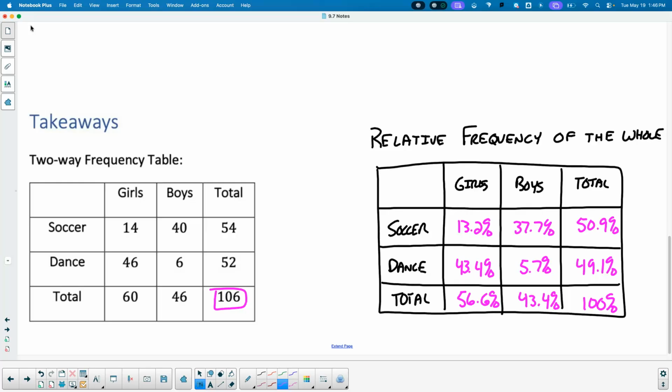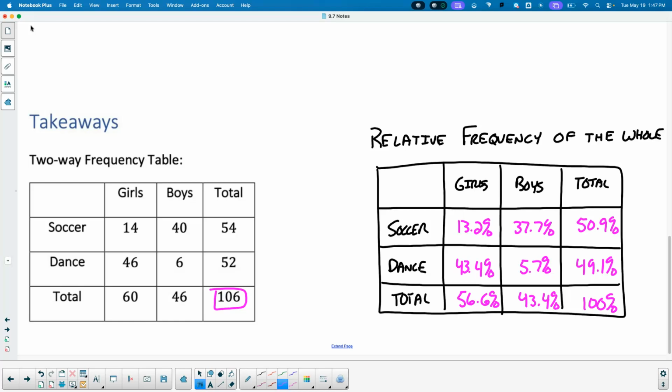About the numbers, you notice anything about just the actual numbers? So these two here add up to be this one. Do these two here add up to be this one? Yeah. What about across? Yep, going across they add up too, because it's of the whole. Okay, it's kind of like the one that we did before, the regular frequency table, because it's of the whole.